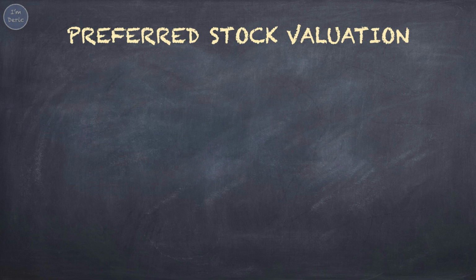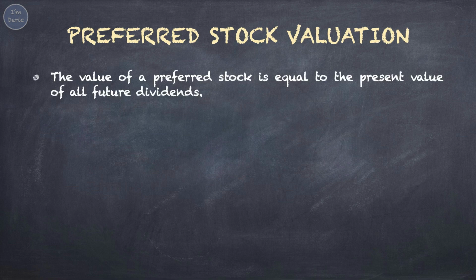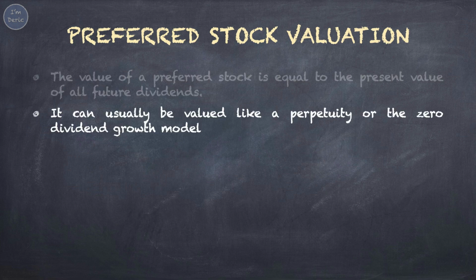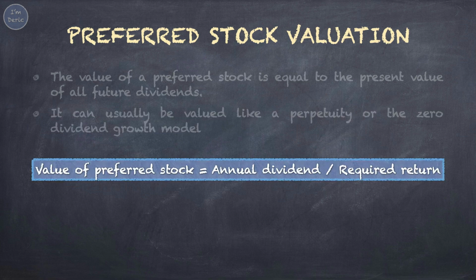Lastly, preferred stock valuation. The value of a preferred stock is equal to the present value of all future dividends. It can usually be valued like a perpetuity, or the zero dividend growth model. To calculate the value of preferred stock, we take annual dividend over required return.